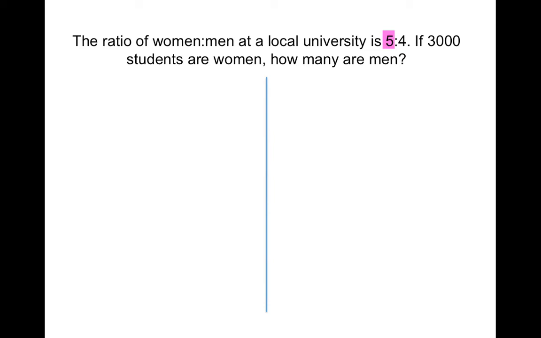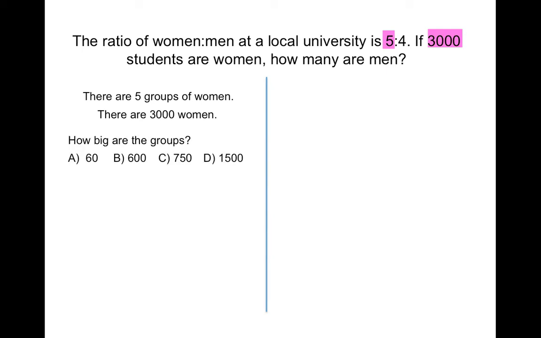The women part of the ratio is 5. There are 5 groups of women. The problem also tells us that 3,000 women attend the university. If there are 5 groups of women and a total of 3,000 women, how big are the groups? 3,000 women divided into 5 groups means there must be 600 women in each group.